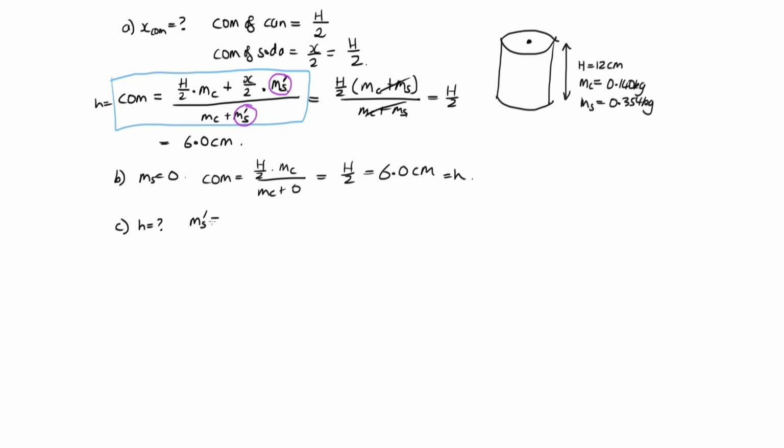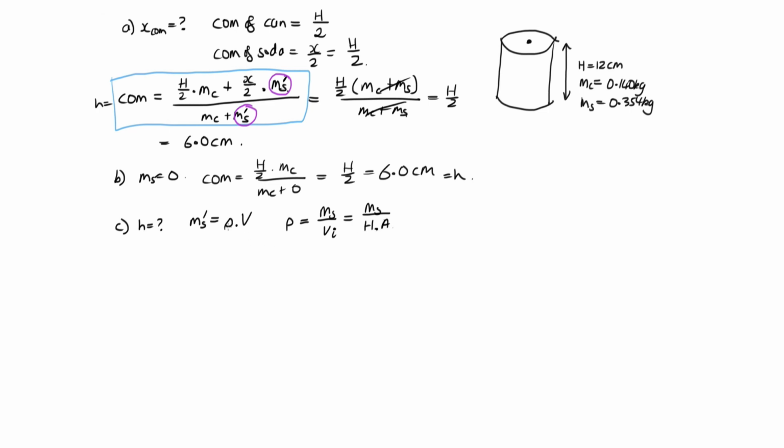So ms dash is going to be equal to the density of the soda times the volume. And we can work out the density because we're told the initial mass. So the density is equal to the mass divided by the initial volume, and so this will be equal to ms, which we've got a number for, I'm just not going to substitute it in right now, over the initial volume, and that's equal to the height times the cross-sectional area of the can.